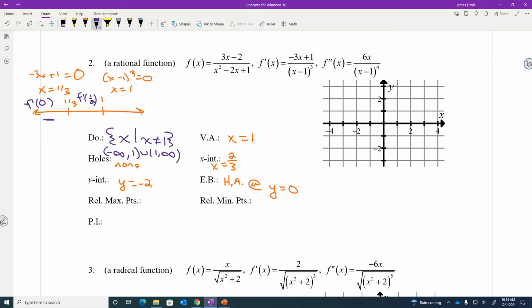A half would give you a negative on top, because it would be negative 3 halves plus 1. So negative over, and then this half minus 1 would be negative a half cubed, so negative. Negative over negative is a positive. And then we could do f prime of 2. 2 is going to give us a negative on top and a positive on the bottom. So negative over positive is negative.